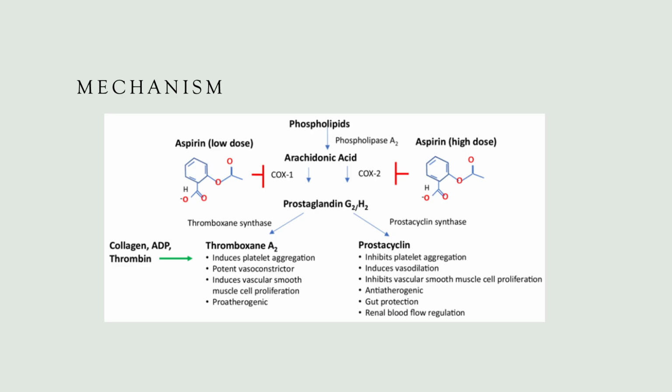It is important to note that there is 60% homology between the protein structures of COX-1 and COX-2. So aspirin binds to the serine 516 residue on the active site of COX-2 in the same fashion as its binding to the serine 530 residue located on the active site of COX-1.